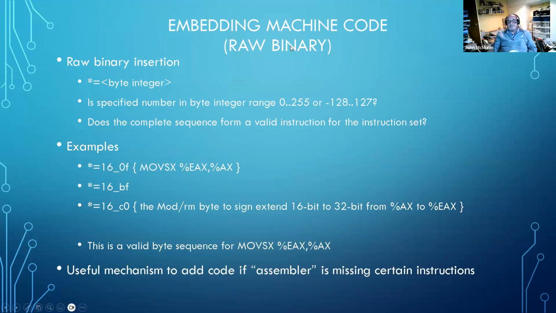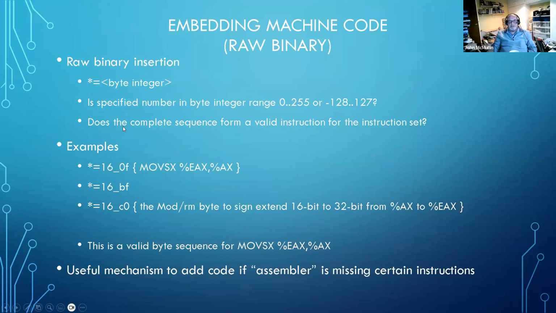But embedding raw binary, it's just taking that binary digit, but it's normally in the range, is it going to be in the range 0 to 255 or -128 to 127? Well, normally it would be the unsigned byte range, which is 0 to 255.